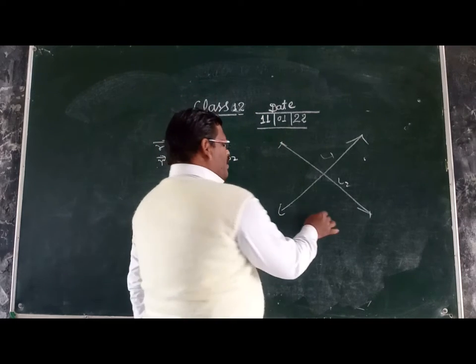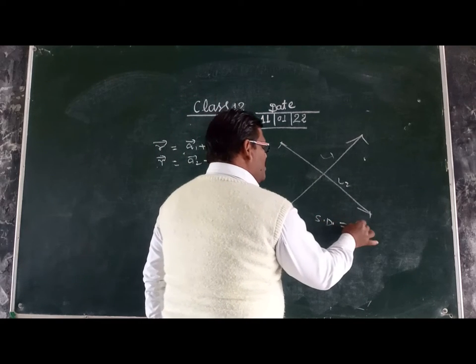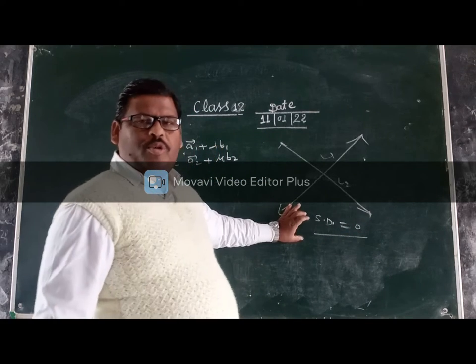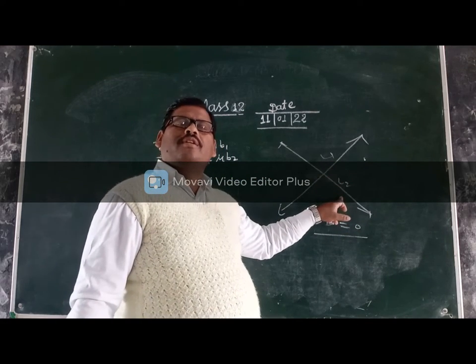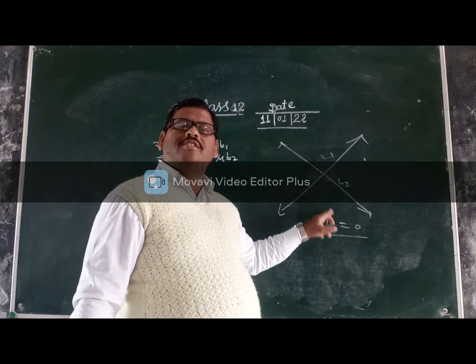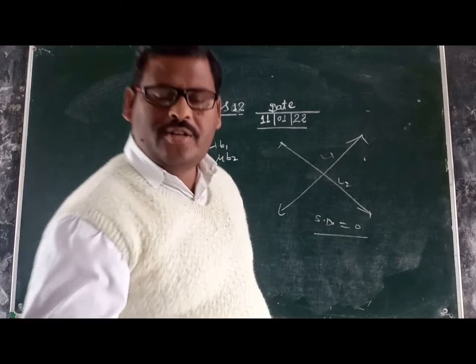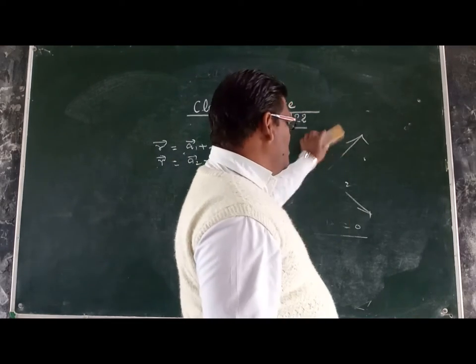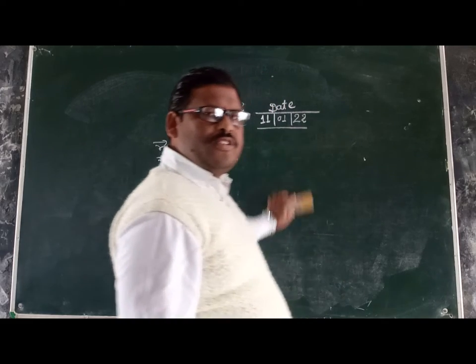Why? Because both lines intersect each other. In the case of intersecting lines, the shortest distance is 0. But in the case of non-intersecting lines, the lines cannot intersect each other.